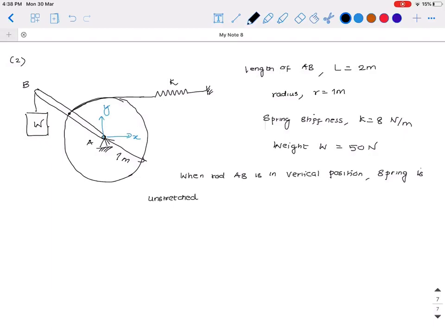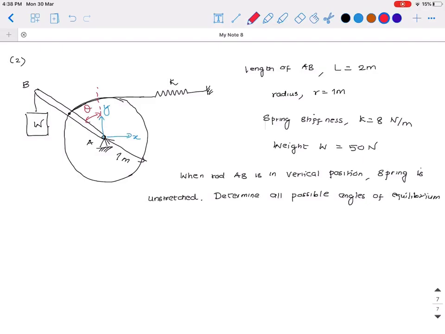Okay, now we need to determine all possible angles of equilibrium. By possible angle we mean this theta.